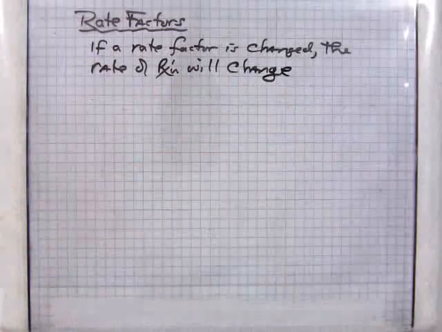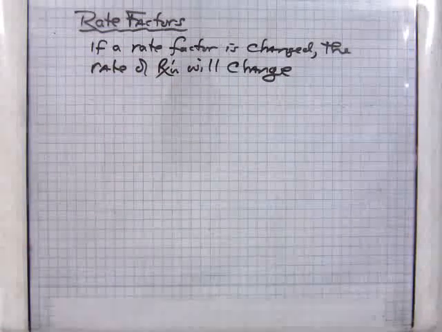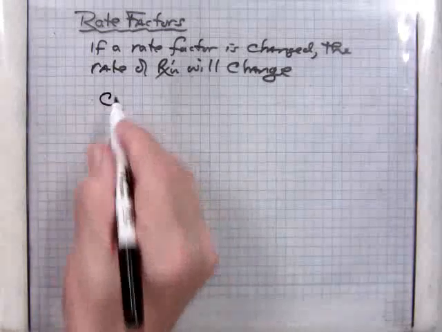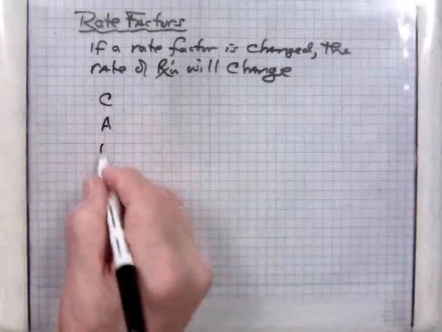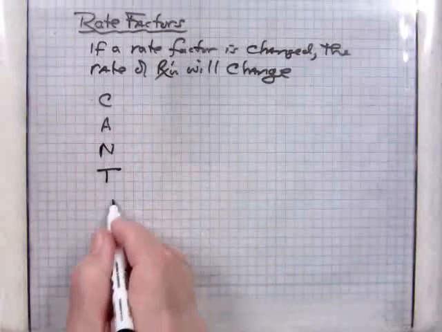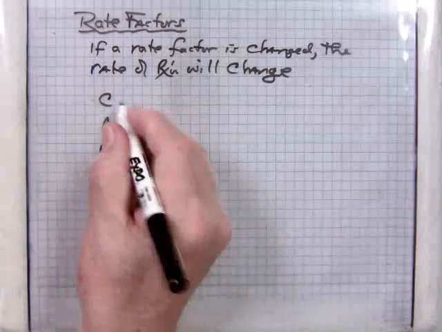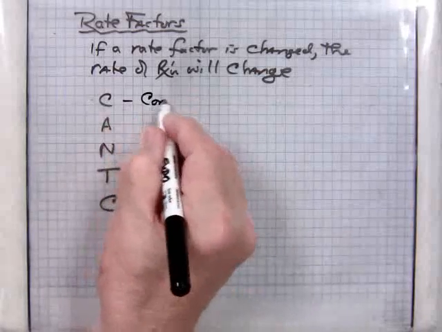There are 5 rate factors that we're going to study. And it's really easy to remember these. Now, this is not a concept, principle, or published miracle or whatever. It's an acronym that helps you remember these. C, A, N, T, C. Can't see. An interesting acronym. But the C stands for concentration.